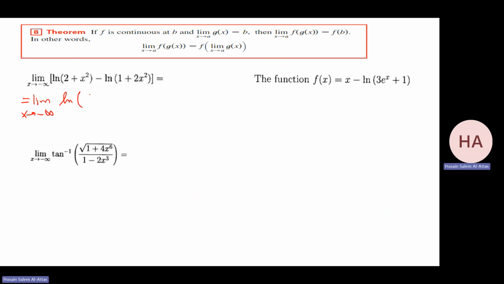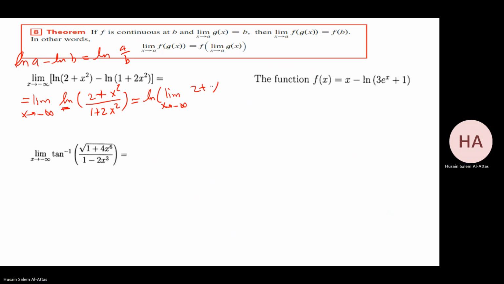I know ln A minus ln B is ln A over B. So that will be ln of 2 plus x squared over 1 plus 2x squared. Now, since ln is a continuous function, I can take the limit inside. That will be ln of the limit as x goes to minus infinity of this.